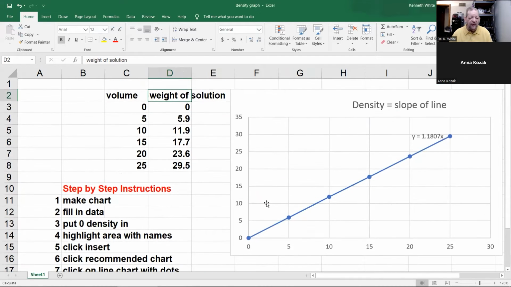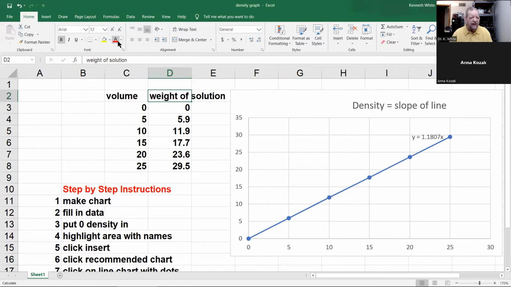So again, the mistake I made in red right here, I had density. It should be weight of the solution. And as I said yesterday, the number in front of X is your density. All right, that's taken care of.